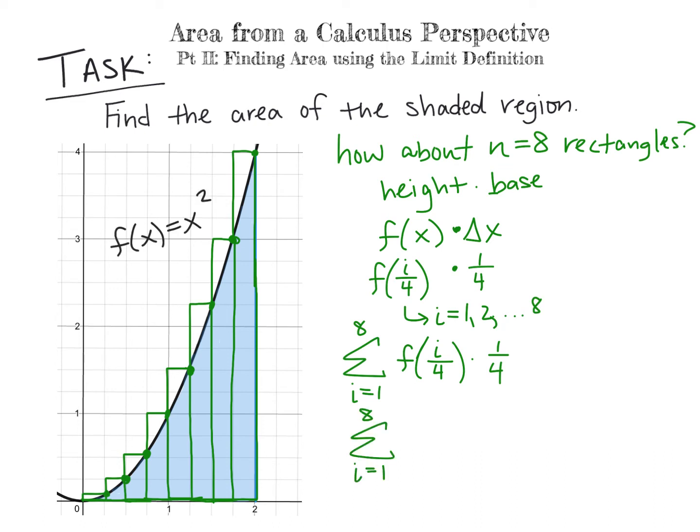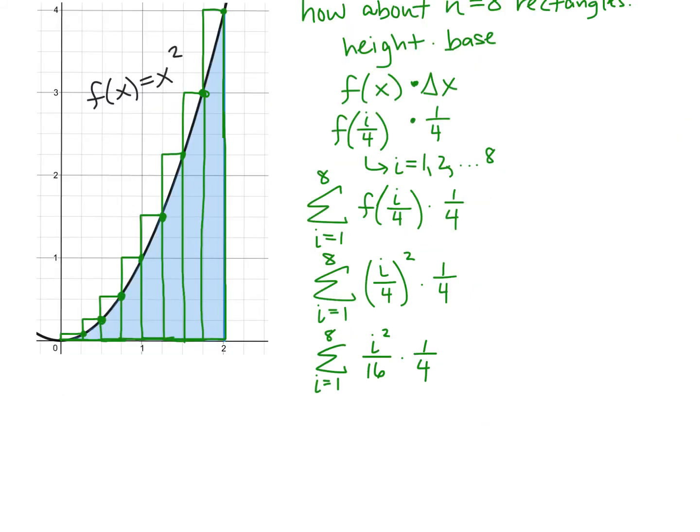Because our f of x function is x squared, in order to find f of i over 4, we take i over 4 and square it, and then still multiply by 1/4. So we will have i squared over 16 times 1/4. Doing that multiplication will give us i squared over 64. That means we have 1/64, which we can pull out front of our summation.